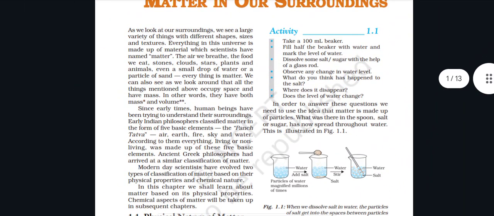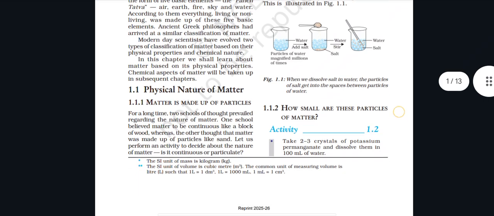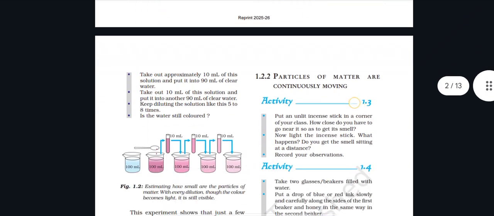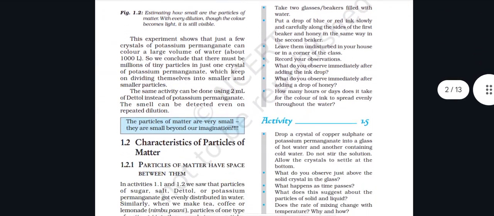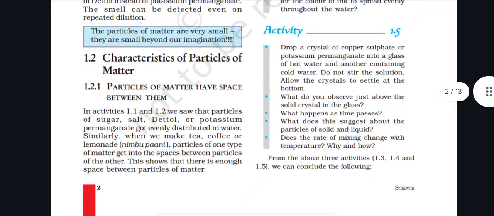This activity was not important, so we'll go into another portion, which is the characteristics of particles of matter. Particles of matter have space between them.